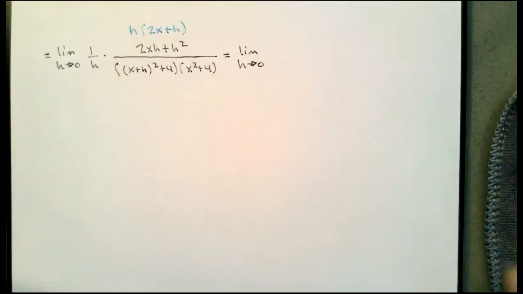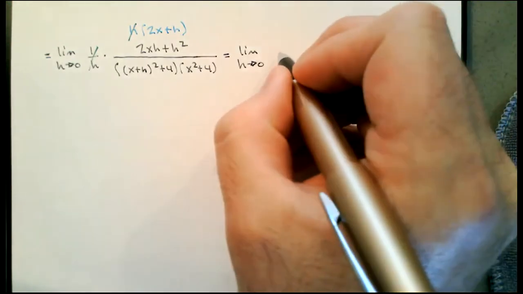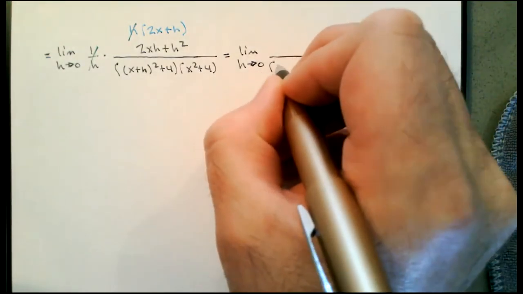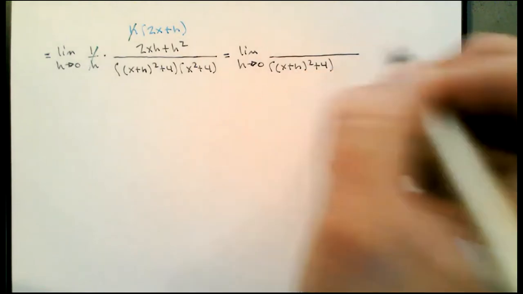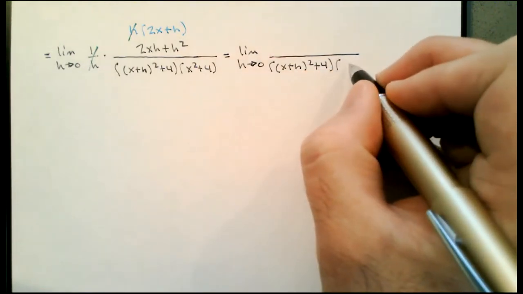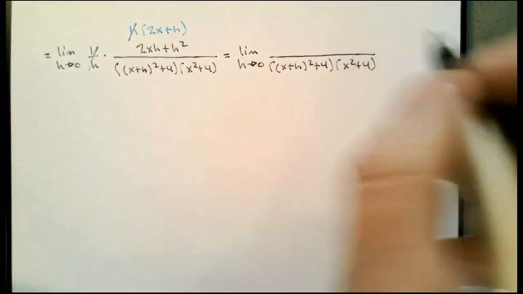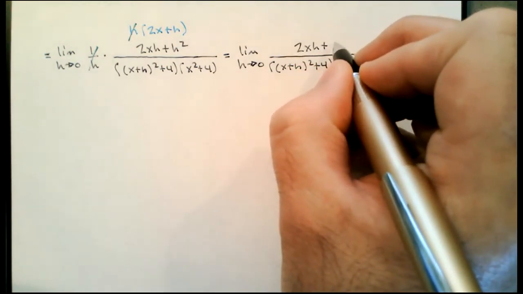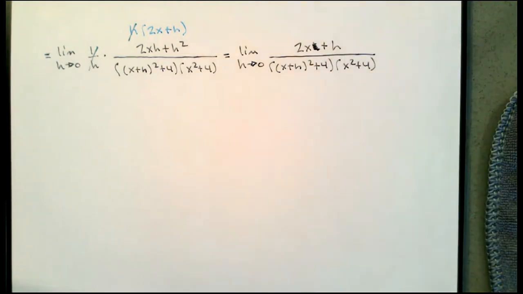Now the h cancels out with the 1 over h. And so we have the limit as h goes to 0 of 2x plus h in the numerator, and (x plus h) squared plus 4 times x squared plus 4 in the denominator.